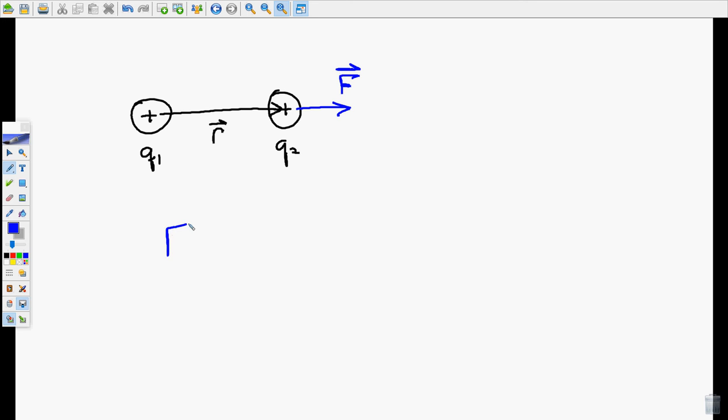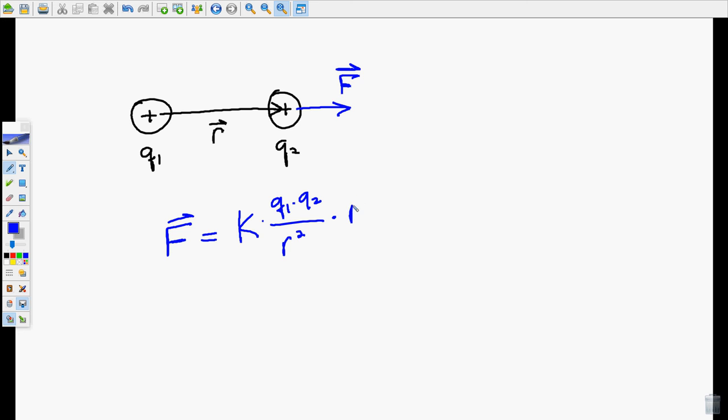And the official formula is that this electrostatic force of repulsion pushing it to the right is equal to K times Q1 times Q2 over R squared, where R is the magnitude of vector R. And the direction of this force is going to be in the same direction as this vector R right here.